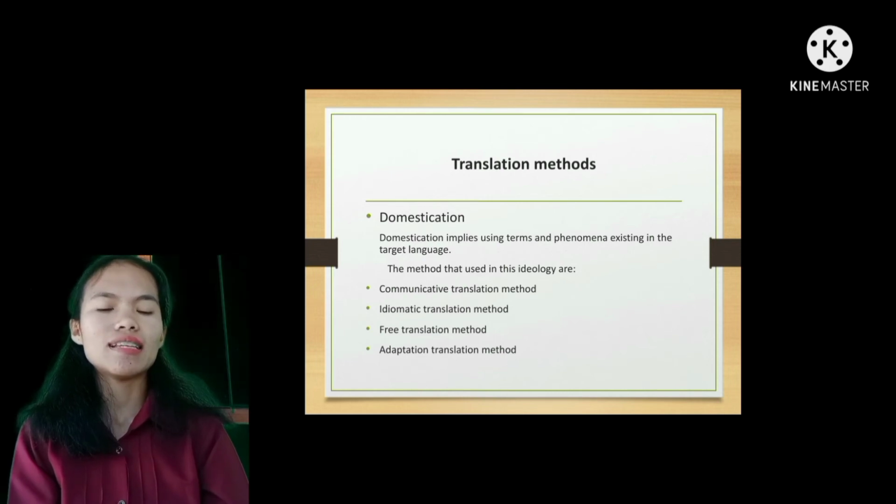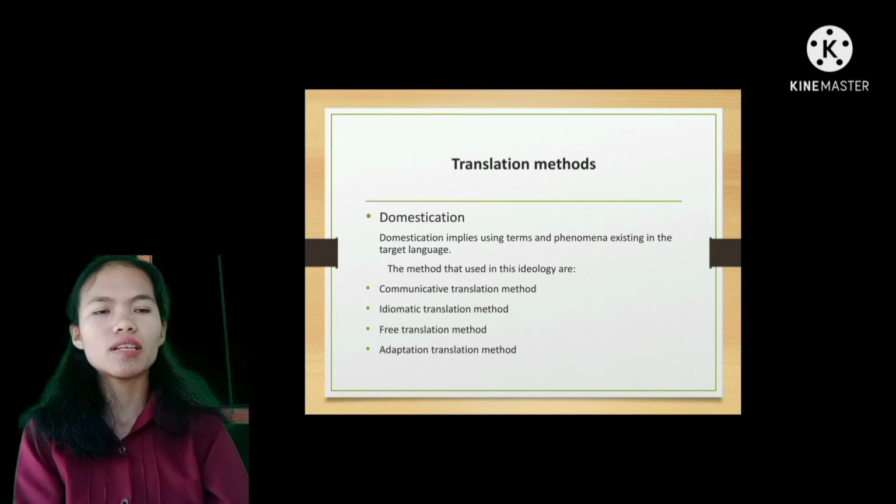And the second is idiomatic translation method. Idiomatic translation reproduces the message of the original, but tends to distort nuance of meaning by preferring idioms where these do not exist in the original. And the third is free translation method. Free translation is part of the emphasis on the target language, which reproduces the matter without the manner, or the content without the form of the original.